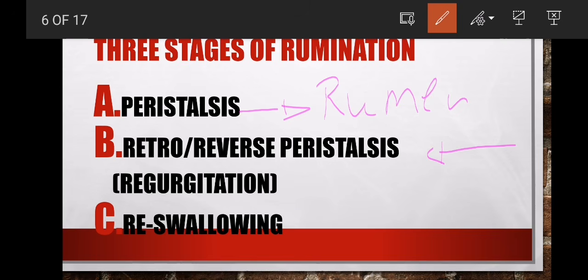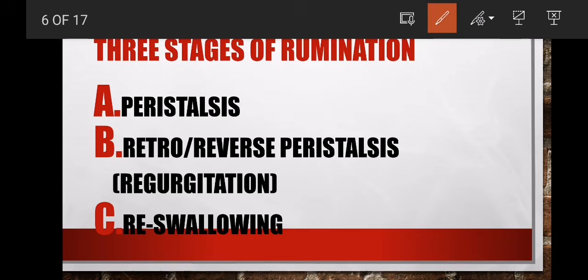When it enters for the second time through the re-swallowing process or stage, it will now enter the stomach called omasum. Sometimes you can get this question whereby they ask you, which chamber where the stomach lands for the second time? Through the reswallowing process, you will say it's omasum. So that's what I want you to understand here.